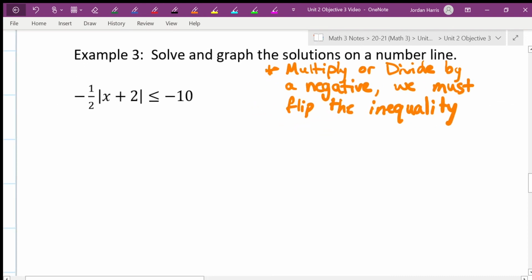So on this first problem, to get rid of the negative 1/2, I'm going to multiply both sides by -2. Hopefully you know how to do that by now. You multiply by the denominator, or the reciprocal, -2 over 1. On the right, -2 times -1/2 is +1, so that goes away. We're getting the absolute value by itself. On the right, we're multiplied by a negative on both sides.